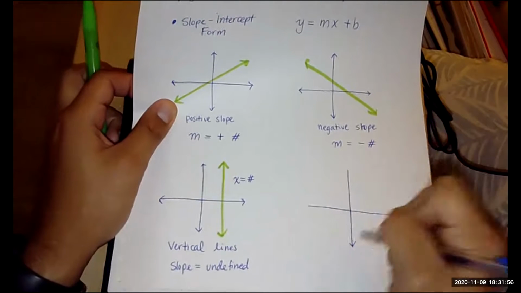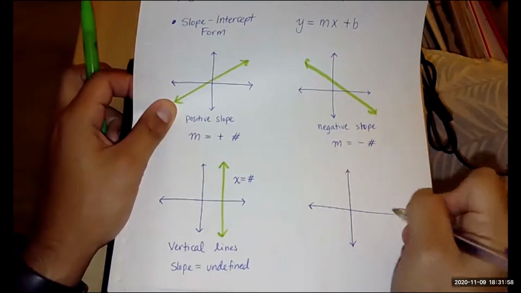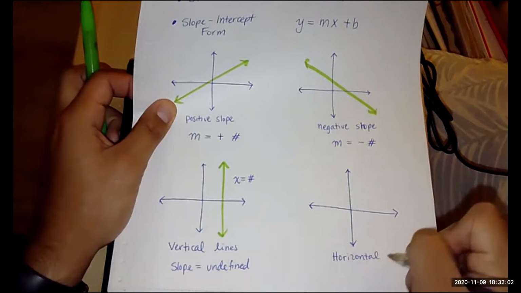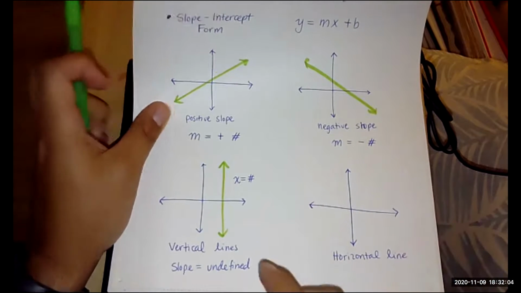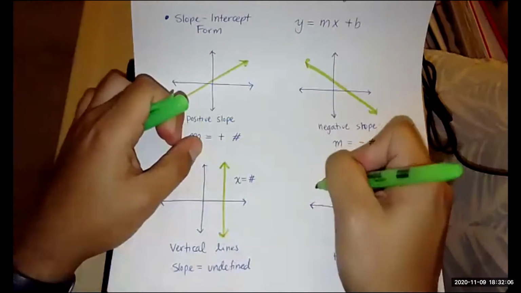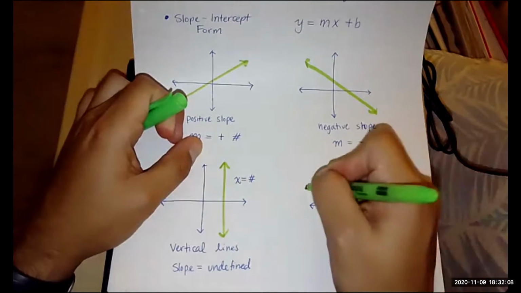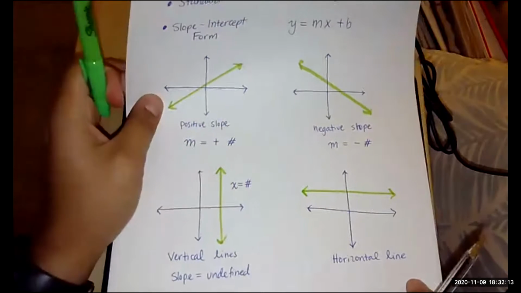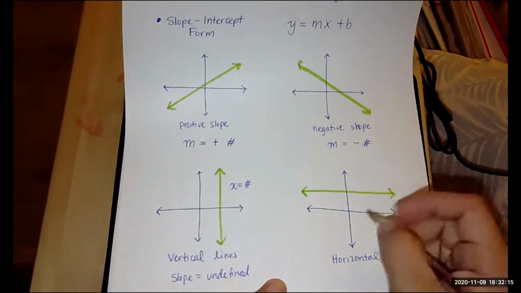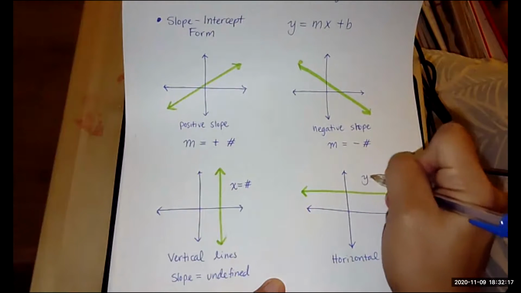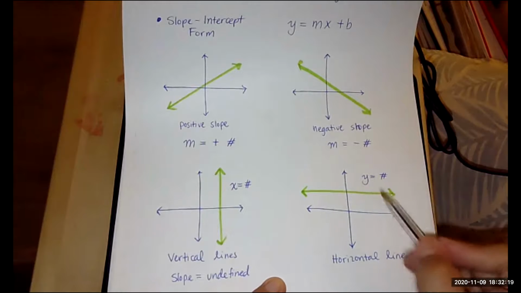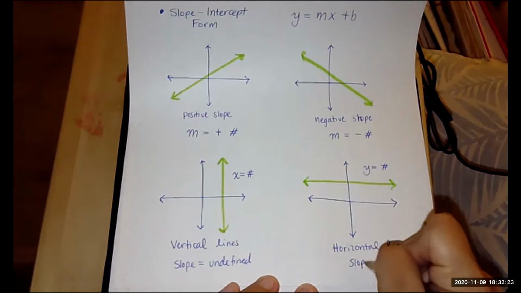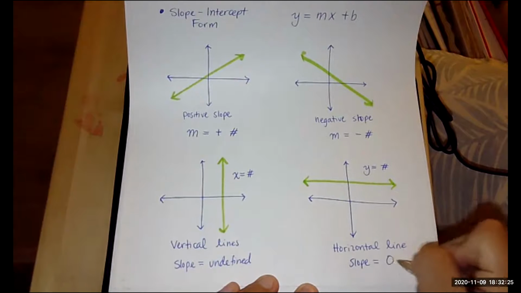Whereas when we had a graph of a perfectly horizontal line, that line would have been perfectly flat. Well, maybe mine's not a great drawing, but this would have had an equation that was y equals some number, where there's no x in the equation, and the slope of a perfectly flat line is 0.